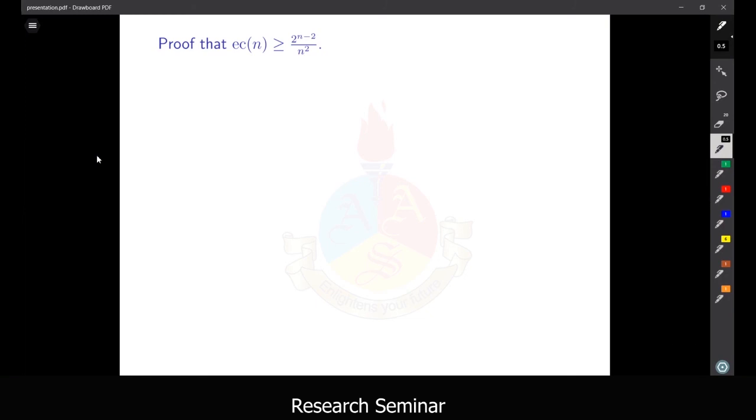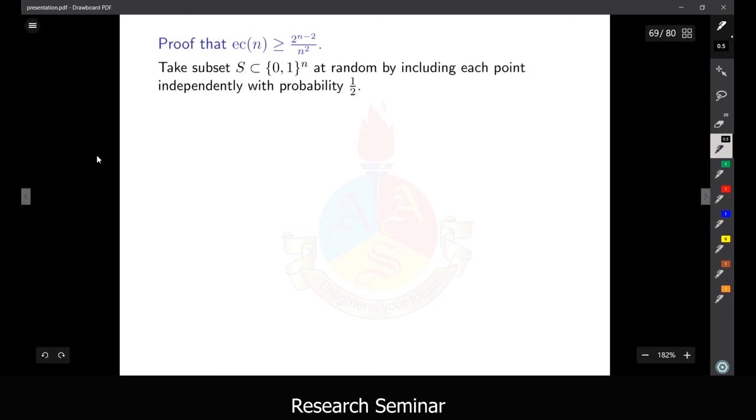Okay, so how can we use this to prove that the exact cover of some subset is at least 2 to the power n minus 2 divided by n squared? We will use the probabilistic method, and we will choose our set S at random, by including each point independently with equal probability 1/2.